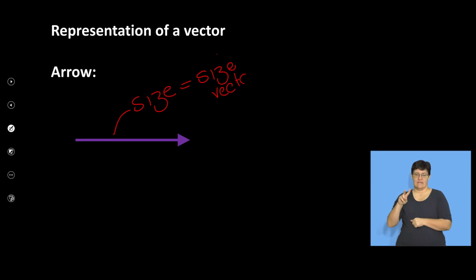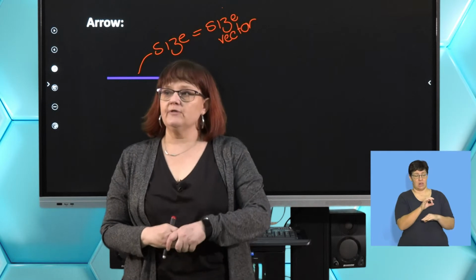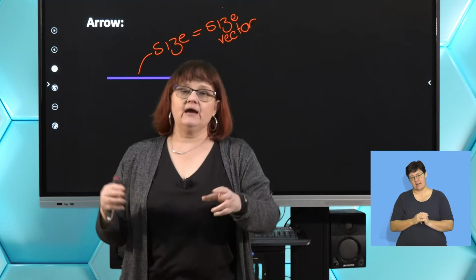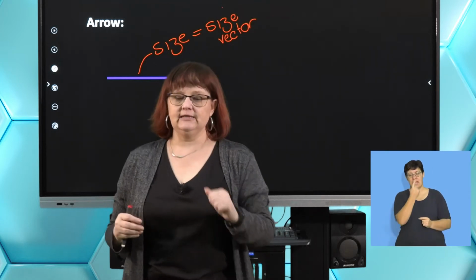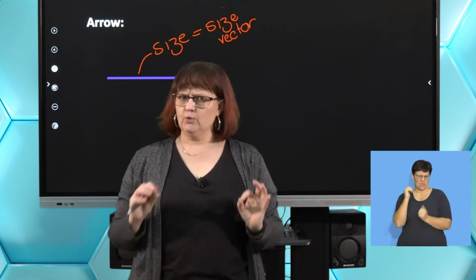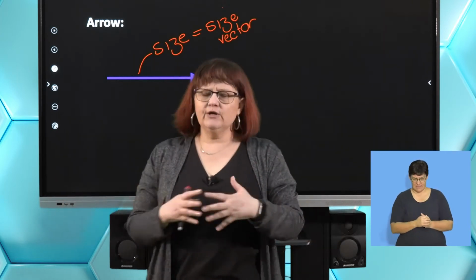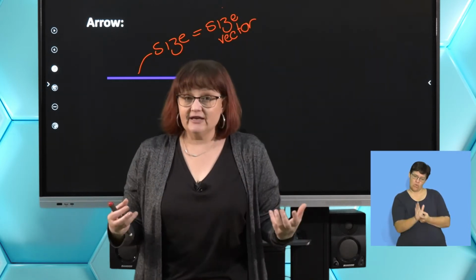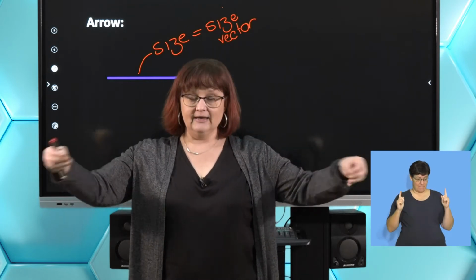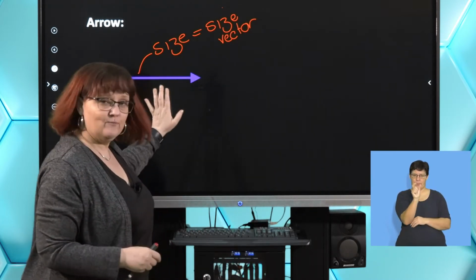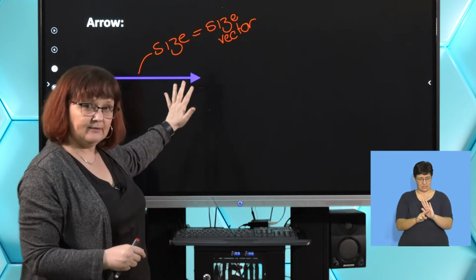I can draw these to scale, so I can tell you that I want a force of 10 newtons, and I want the length of the arrow to be such that every centimeter equals 1 newton. You've done that in other subjects where you've had to work with scales. Generally, if we don't do it by construction, it's just a relative thing. So it's showing me the size. If I have a big vector, I draw a very long line. If I have a small vector, I draw a small line. It doesn't matter what vector I'm representing. It's all represented the same way.